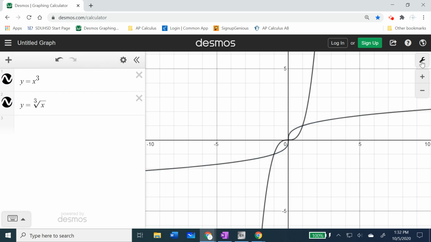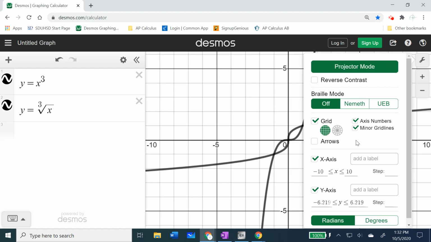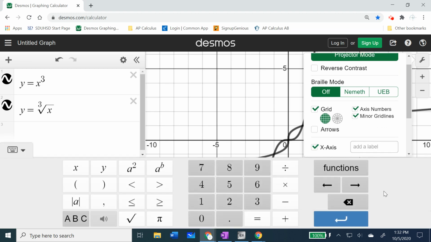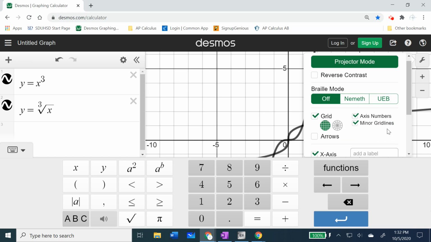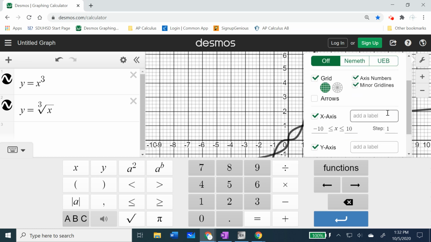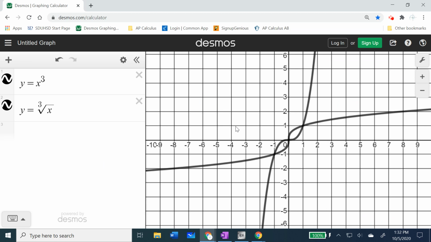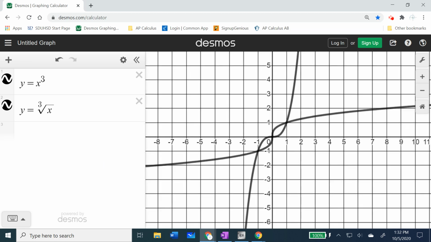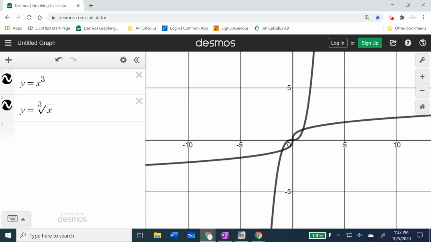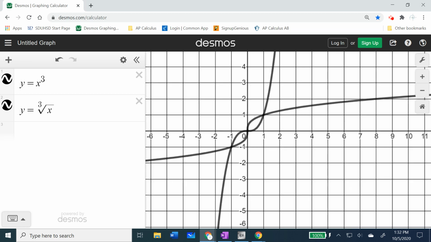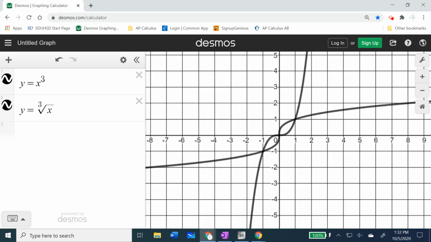Do you see how pretty they look together? And I'm also going to do this. So isn't that pretty? That's both of them together.